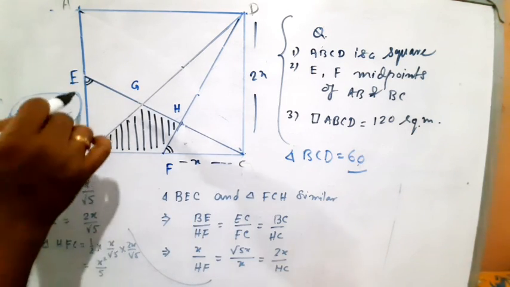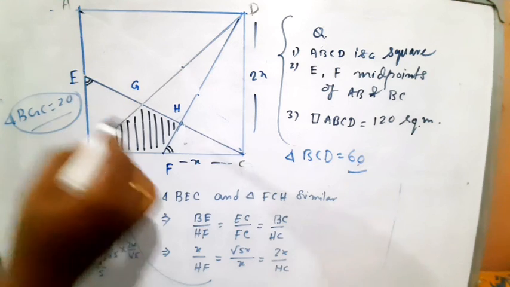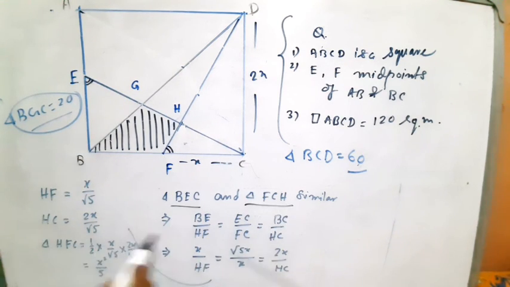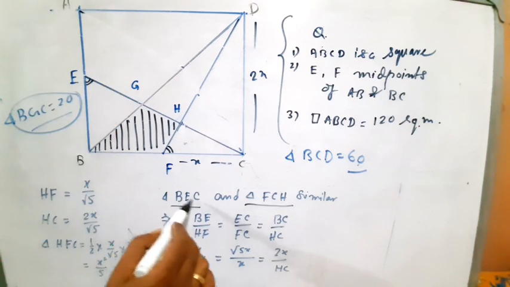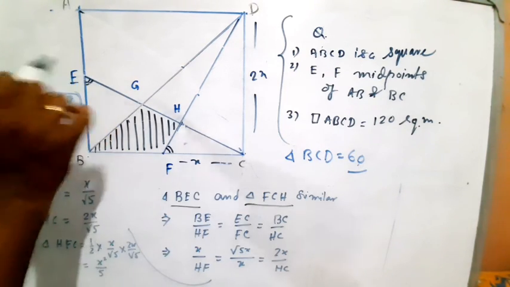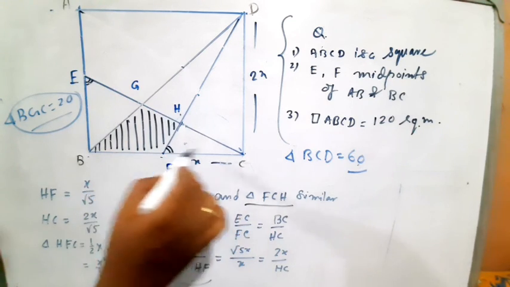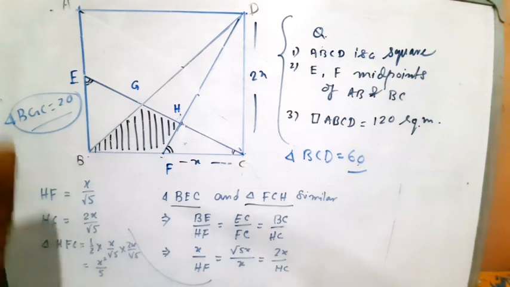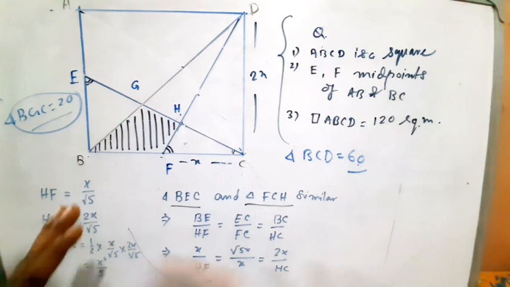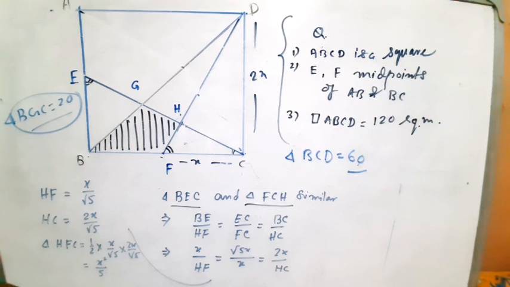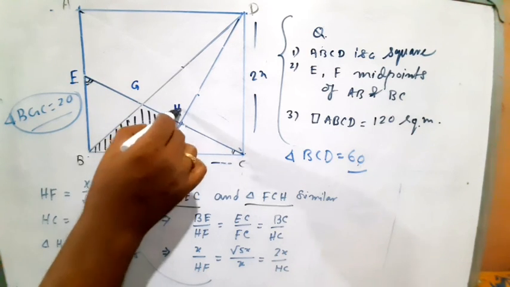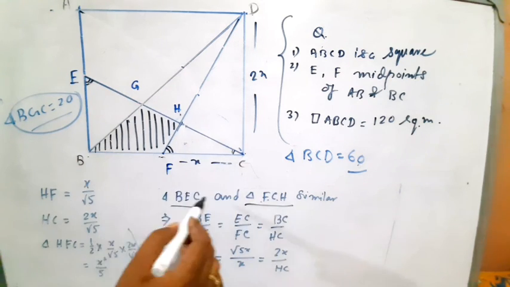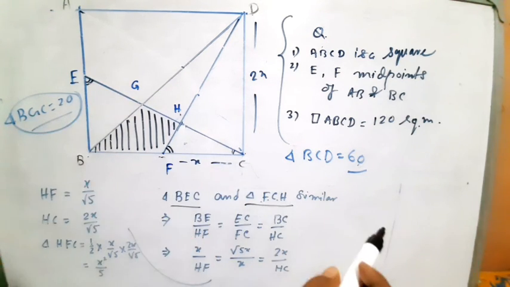Okay, now come to triangle BEC and FCH. Both are similar. How? BEC, this angle is equal to HFC, and this angle is common to both triangles. If two angles of the triangles are equal, then the third angle must be equal. So triangles HFC and BEC are similar.